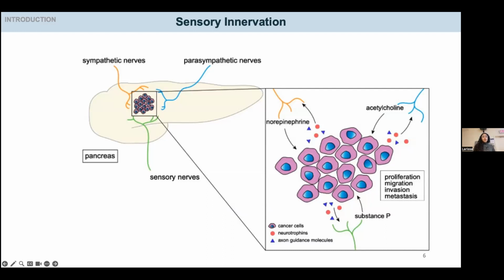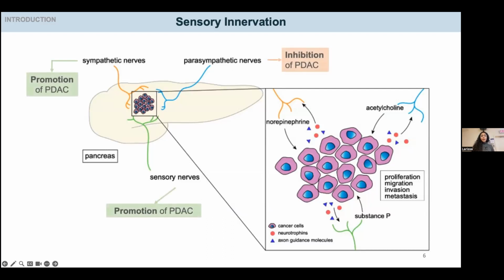So the pancreas is connected to a complex network of nerves that are crucial for its function. In this figure, we can see that the pancreas is innervated by sympathetic nerves, parasympathetic nerves, and sensory nerves. In the context of PDAC, the innervation of the pancreas becomes even more significant.